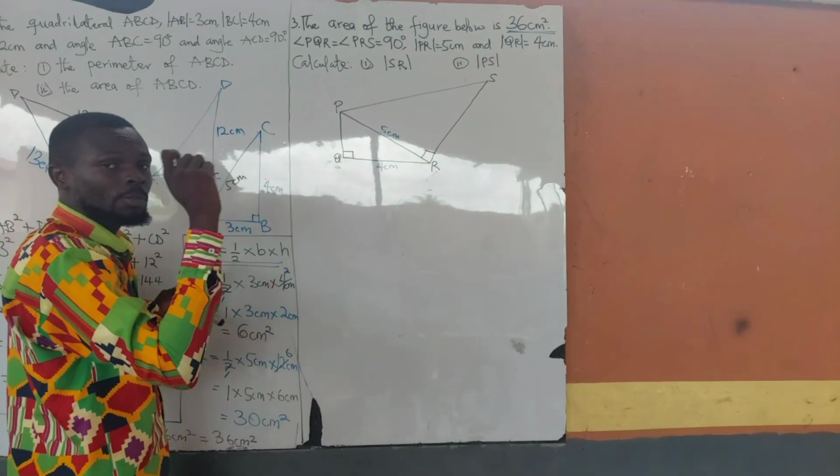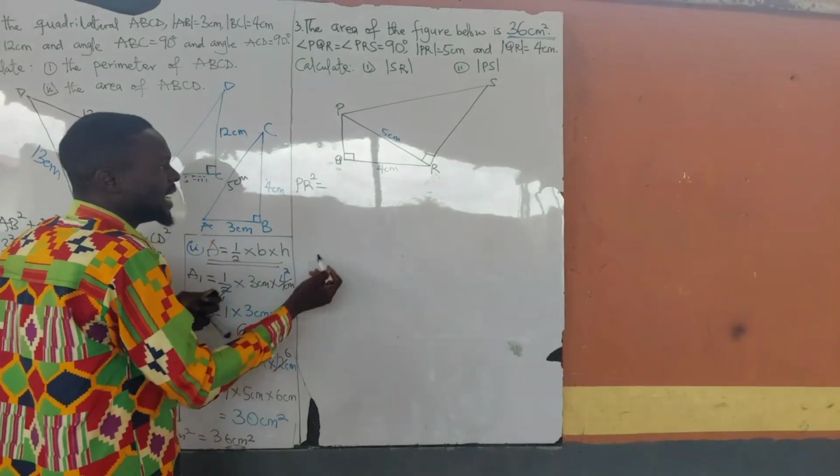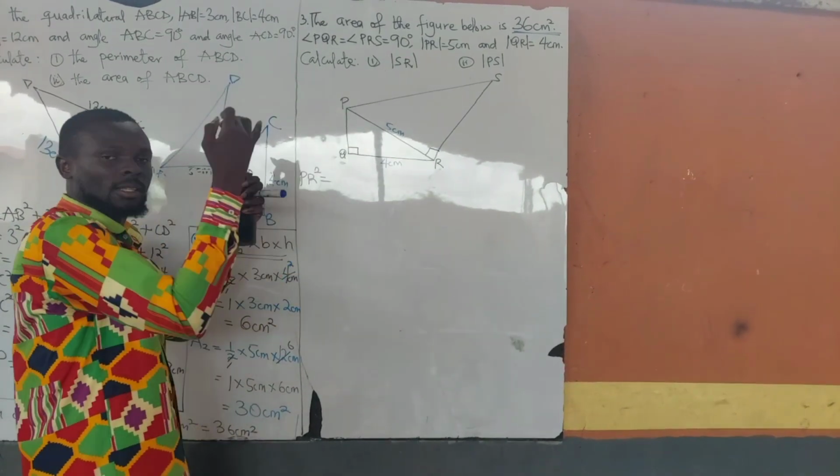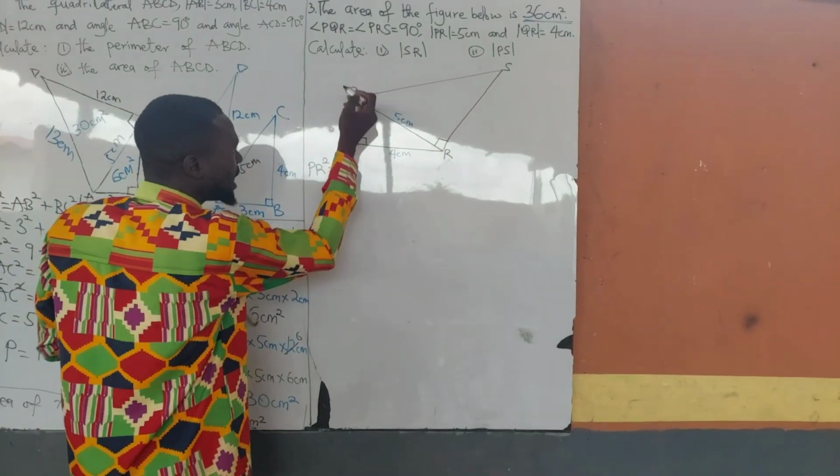The Pythagorean theorem states that the hypotenuse squared is equal to the sum of the squares of the other two sides. We are looking at this triangle.